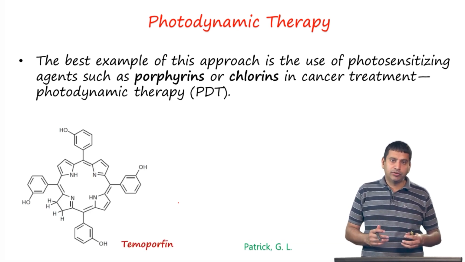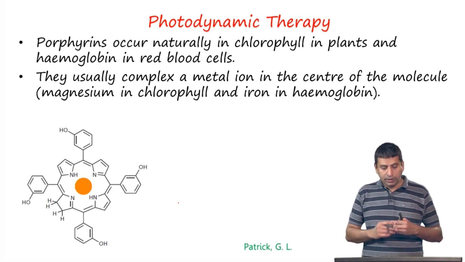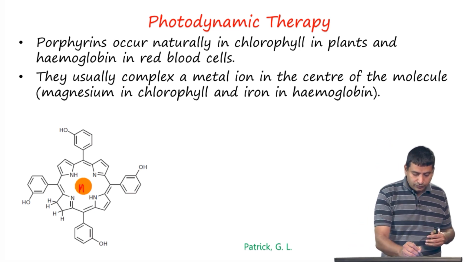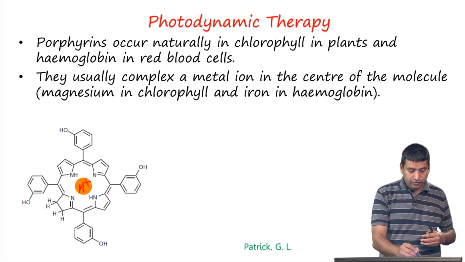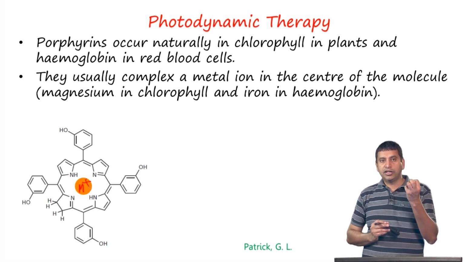Inside our normal cells, these molecules are actually bound to metal ions. Here is a metal ion that is typically present, and once this metal ion is chelated to the porphyrin, these are extremely stable.